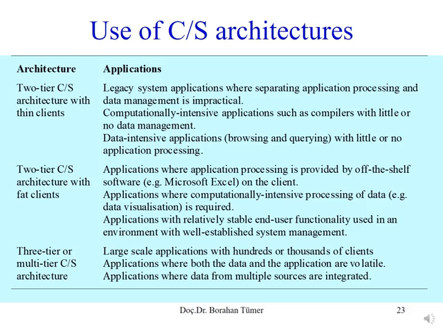In this slide, we study what type of architecture should be used for what type of applications. Thin client architecture should be used for legacy system applications where separating application processing and data management is impractical.